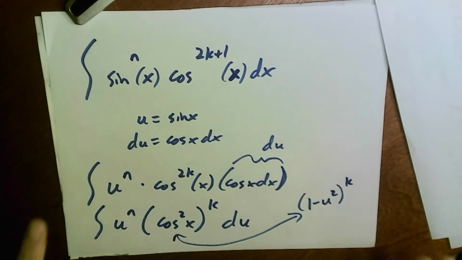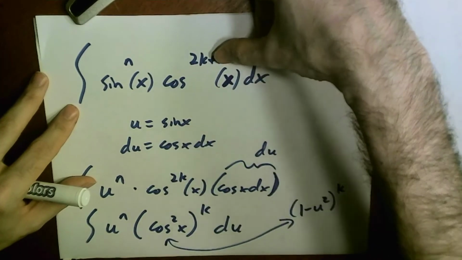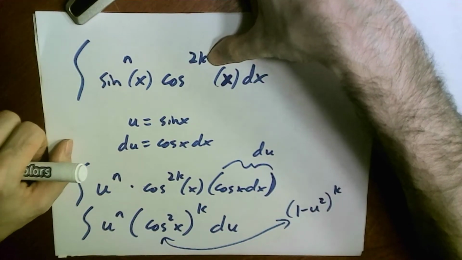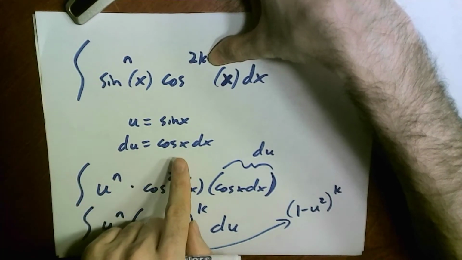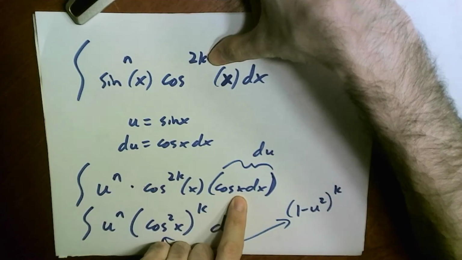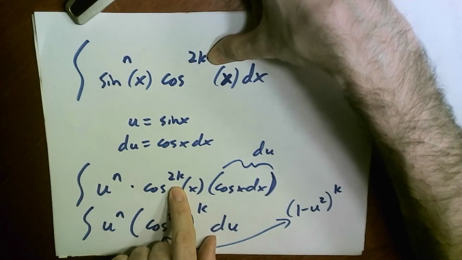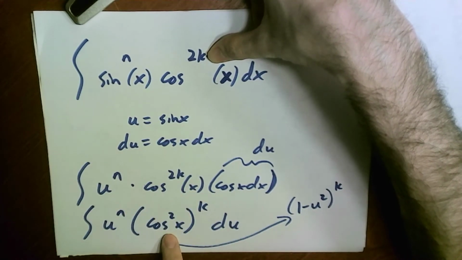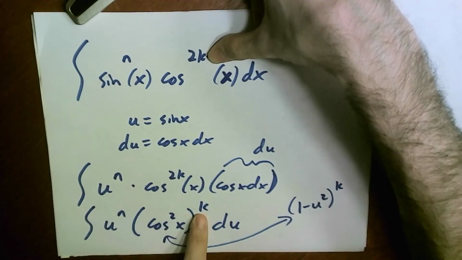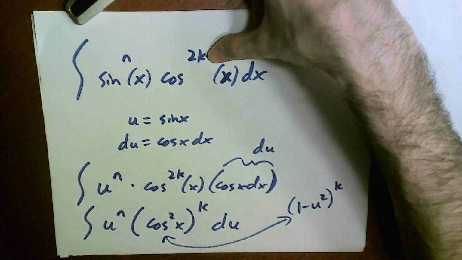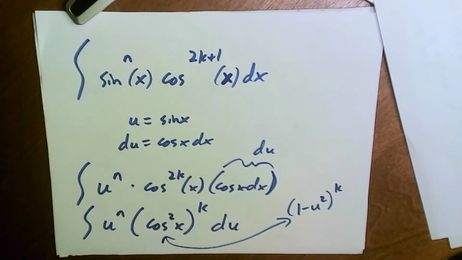I'm not going to write it all the way out this time. On the other hand, if this was just 2k, if it was even instead of odd, then when I pull out one of them to use for my du, I'm left with an odd number, which means I can't easily write it as cosine squared to a whole number power. We'd get a square root somehow, and that would be annoying.